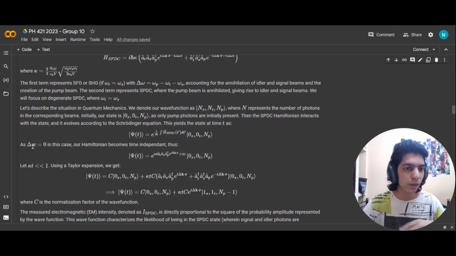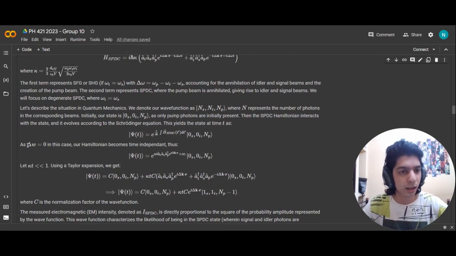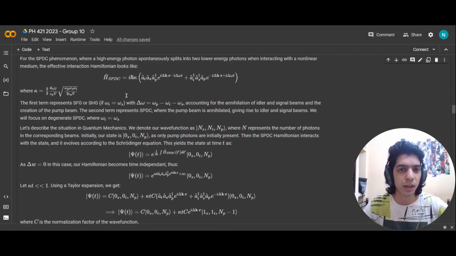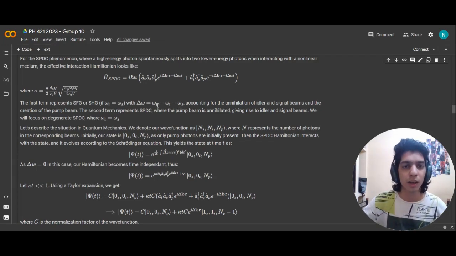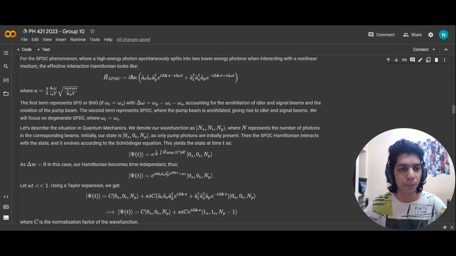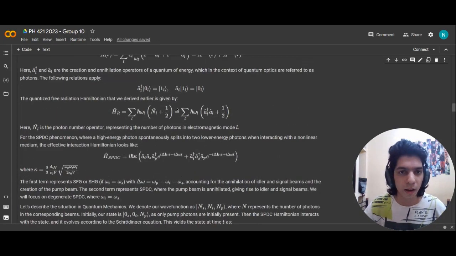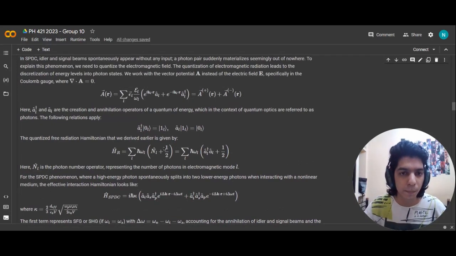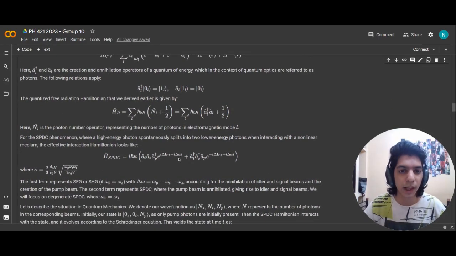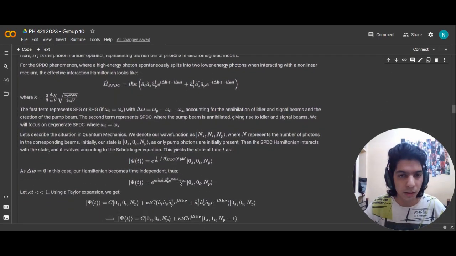And here we are also employing delta omega is 0, that is, the signal and idler beams have half the frequency of the pump. So in that case, the Hamiltonian has become time independent, and we can substitute this here.